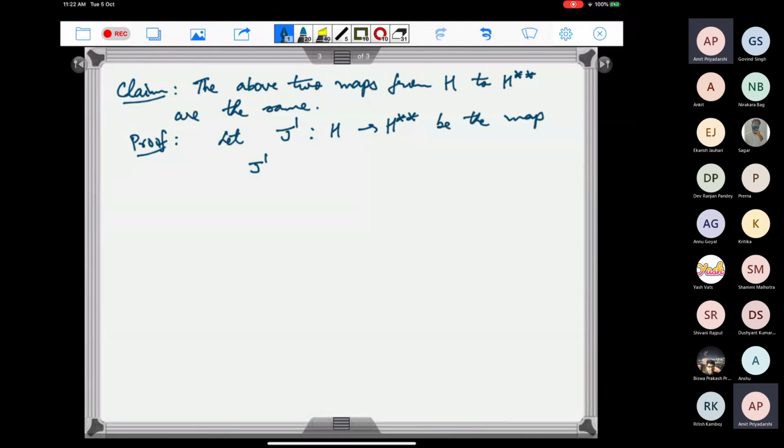So we have to define what is J dash of x. So J dash of x should be in H double star. So that means that we have to define what happens to the value of this at any point in H star. We want J dash x in H double star. So J dash x of any f, how do we define?